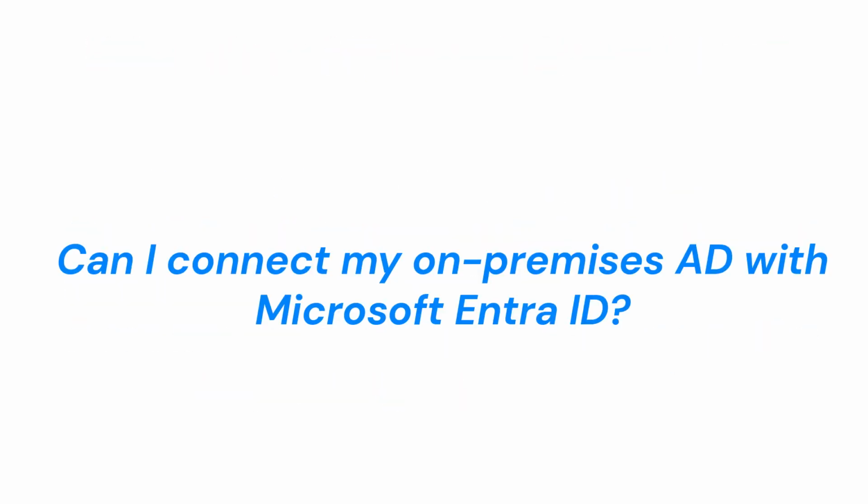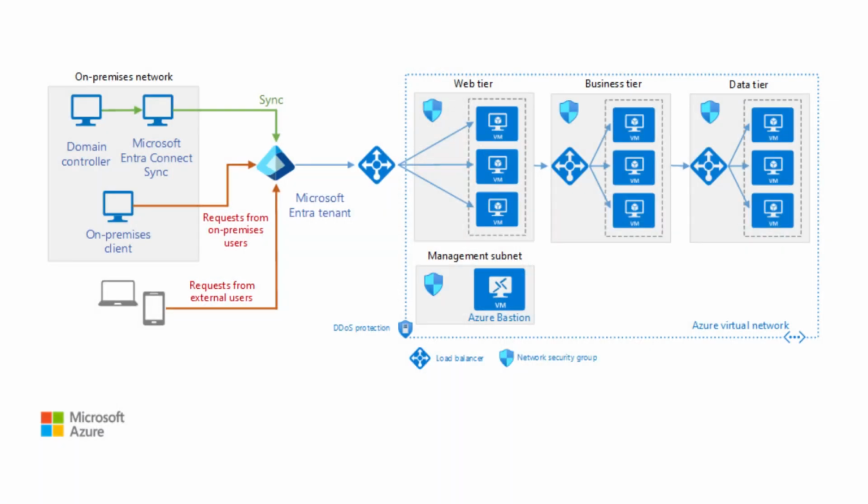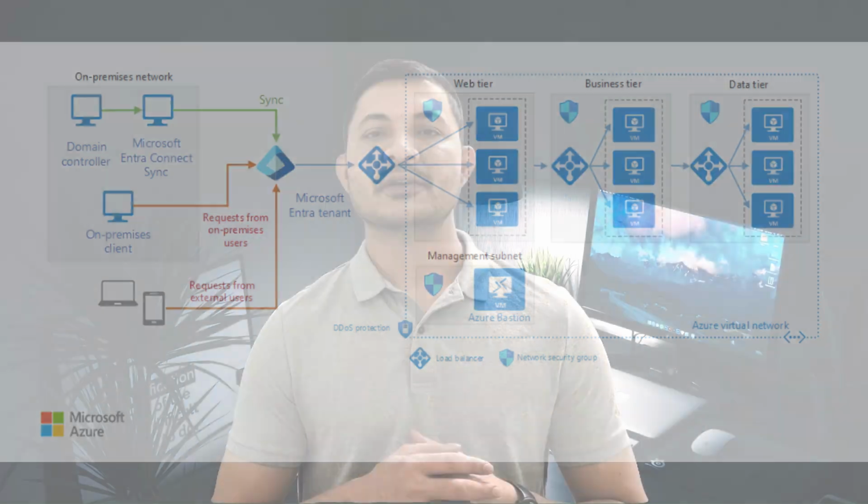Can I connect my on-premises AD with Microsoft Entra ID? If you had an on-premises environment running Active Directory, and a cloud deployment using Microsoft Entra ID, you would need to maintain two identity sets. However, you can connect Active Directory with Microsoft Entra ID, enabling a consistent identity experience between cloud and on-premises.